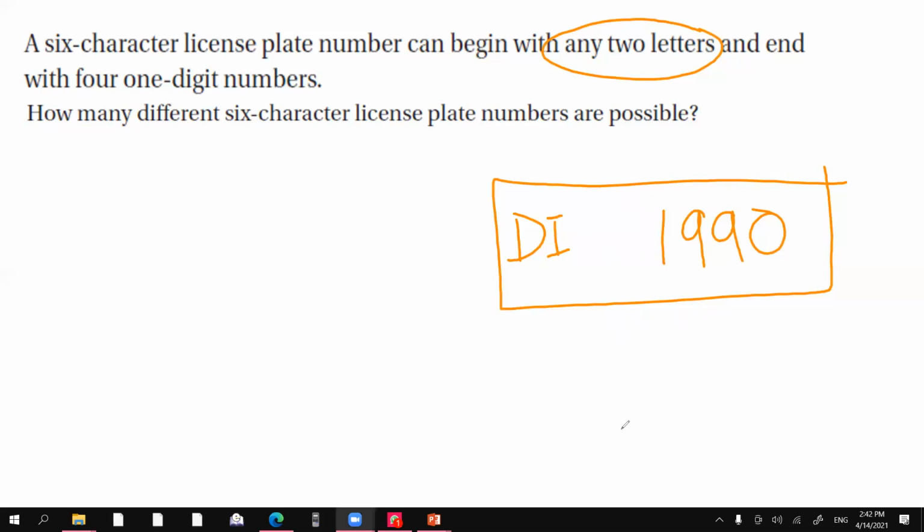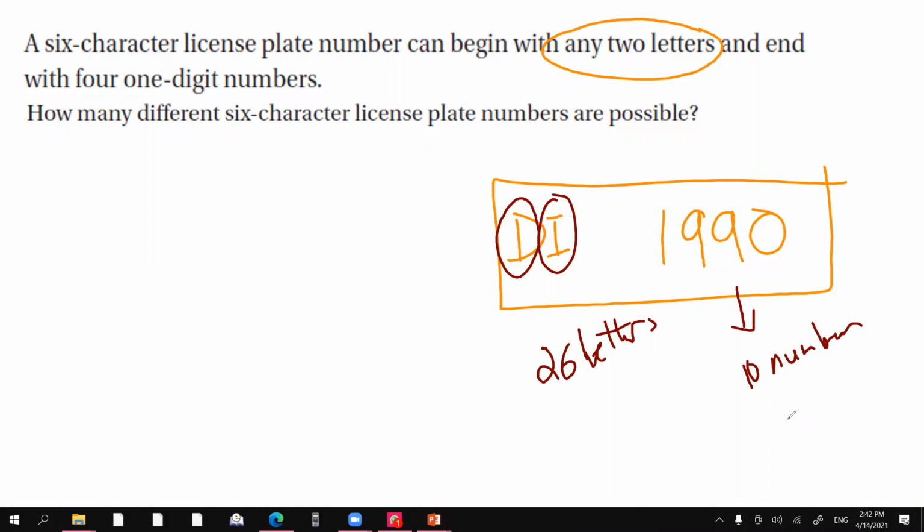Remember, how many numbers do we have in math? We have 10 numbers. And how many letters? 26. Here, how many letters do we have? 2.